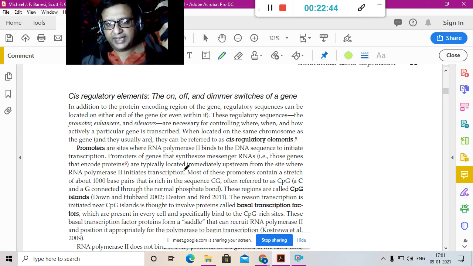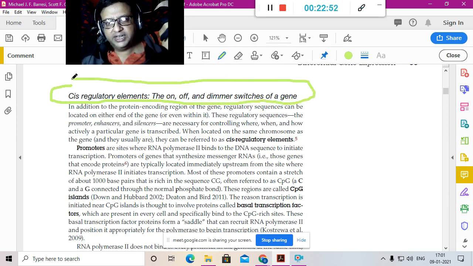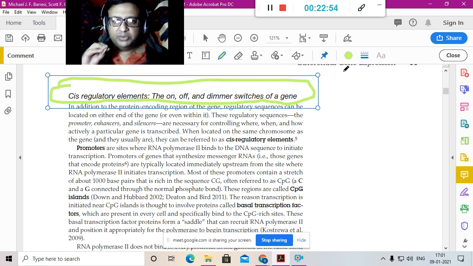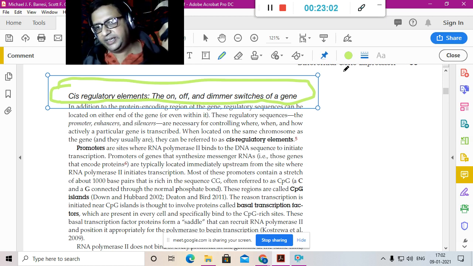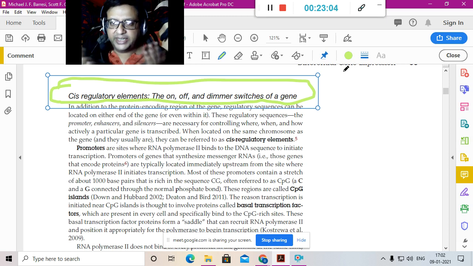In the next class, I will go ahead with cis regulatory elements, where the on, off and dimer switches of a gene work. I would request you to please keep on studying, or at least watch my videos time and again, so that you can at least read all these things. And as you know, you can get this from the LibGen site. You can get Gilbert's book, chapter number 3 in Gilbert's book.